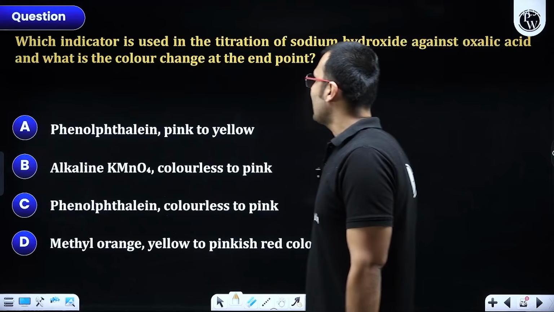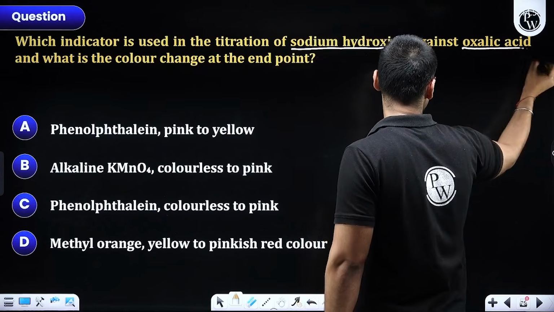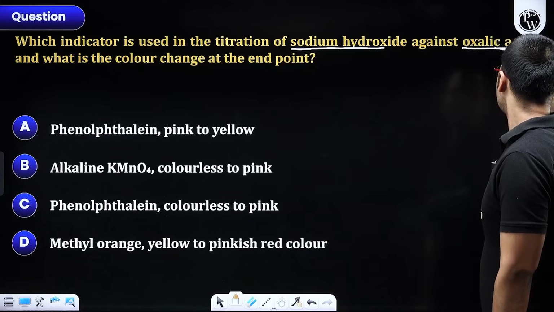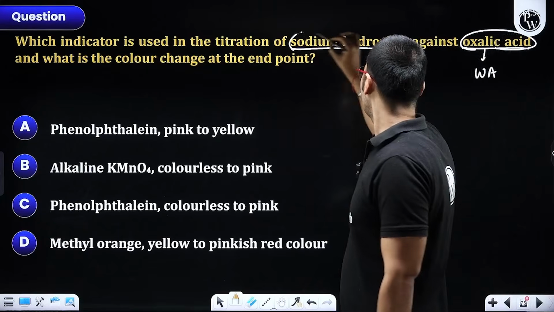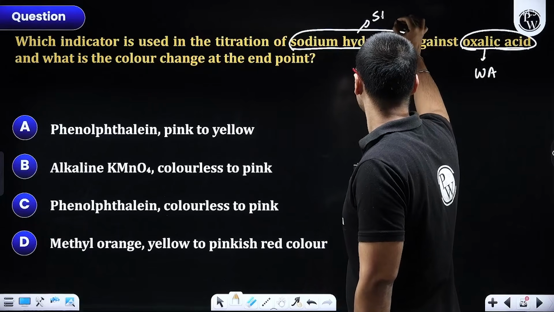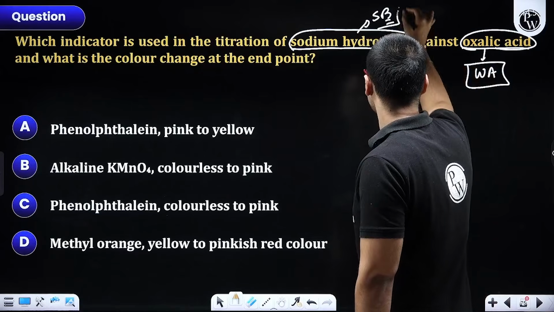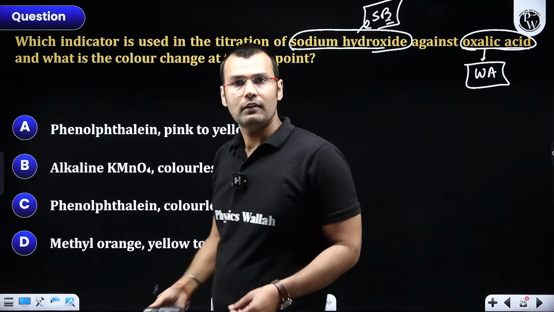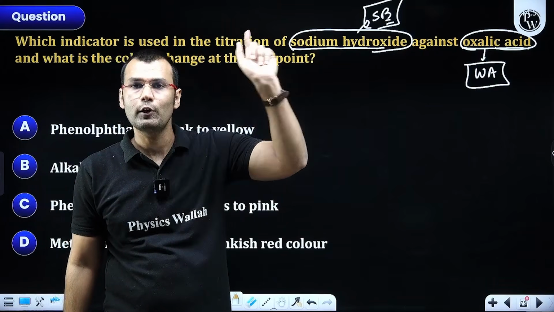Which indicator can be used for the titration of sodium hydroxide against oxalic acid? So you know that oxalic acid is a weak acid and sodium hydroxide is a strong base. So here your titer is weak acid, your titrant is a strong base. So at the end, some drops of a strong base will be added. So after the end point, your solution will be basic.